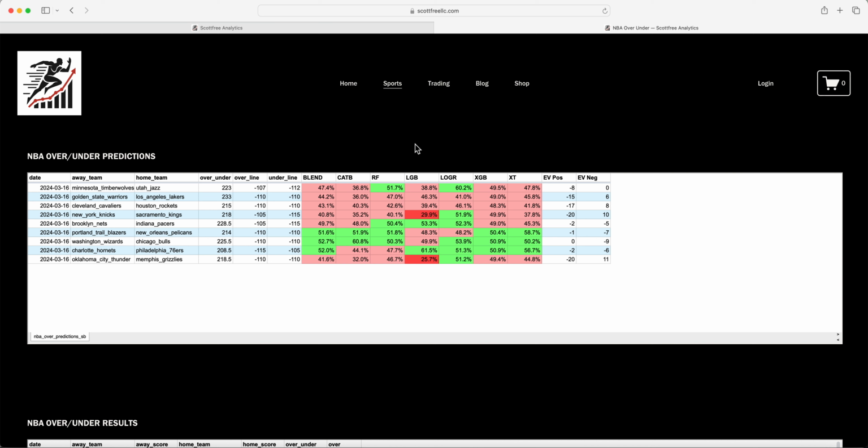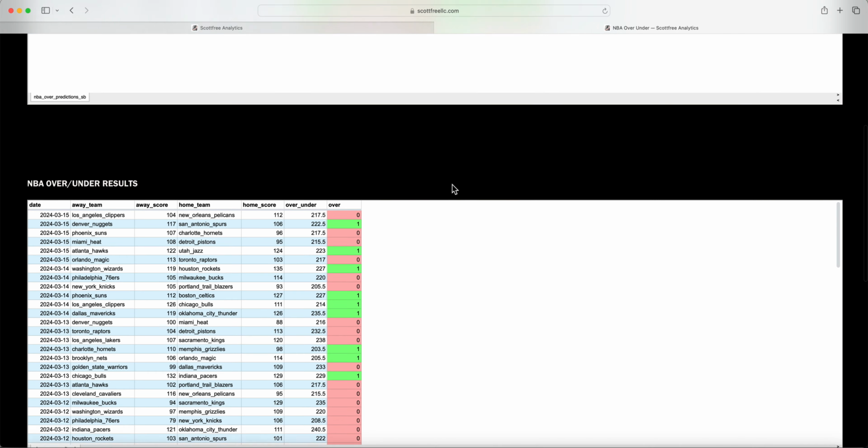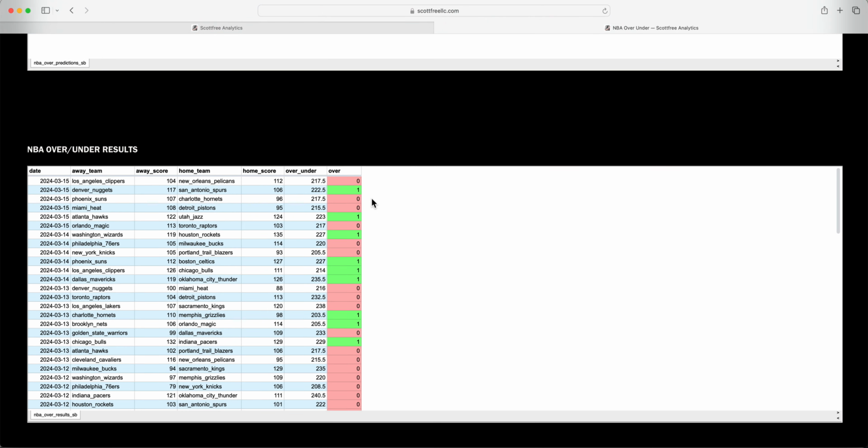So each page is organized into 3 sections. So you'll see the predictions for today. So today is March 16th. And then you'll see a results section. So this basically gives you the last 2 weeks of results, whether or not the game was over and under.